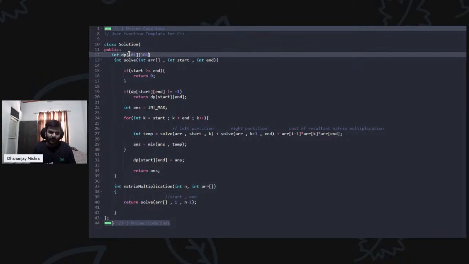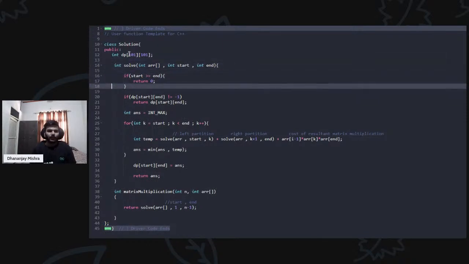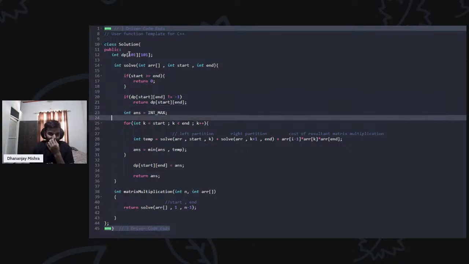So we will take 101 by 101, which will cover all the edge cases. And once it is declared, we have to initialize it with -1, because -1 denotes that the answer is not computed for that particular range.